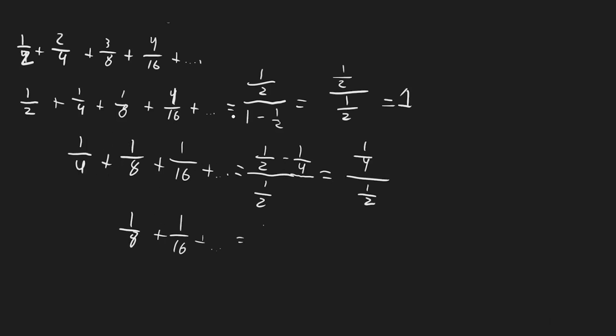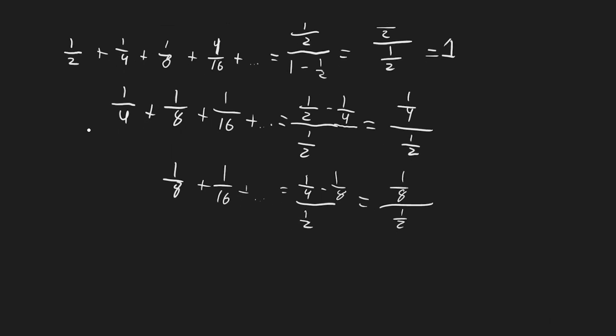So now we'll have 1/4 divided by 1/2, and then we can again subtract the half of this, which is 1/8. So this will be 1/8 divided by 1/2. I hope you can see the system, because we could do the same here, and we would end with 1/16 over 1/2.